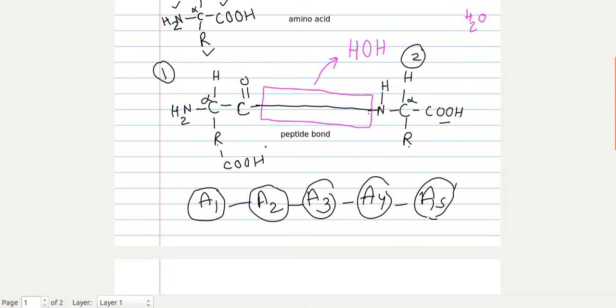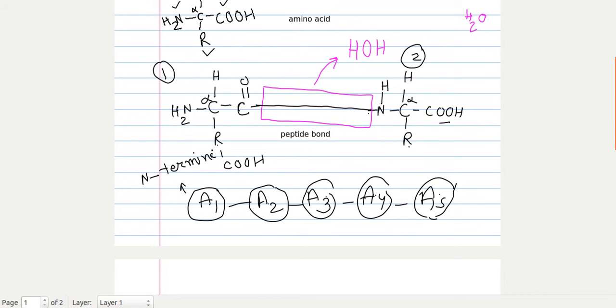Okay, one more point to be mentioned here is that suppose there is a series of amino acids attached together. See, here is A1, A2, A3, A4, A5. Now this amino acid will be termed as N-terminal amino acid. Terminals are the end points, no?